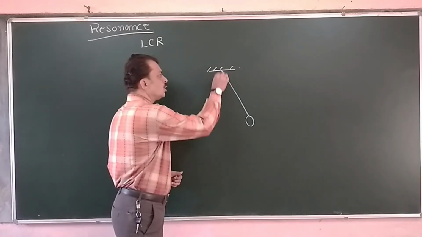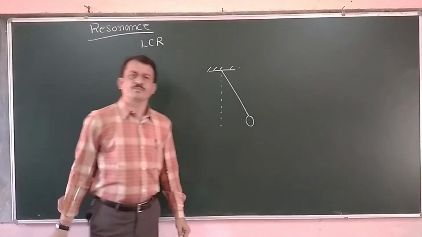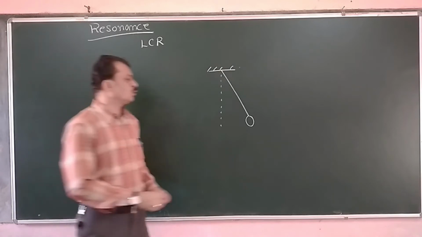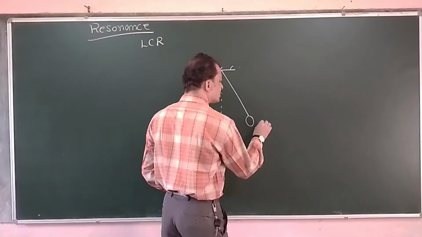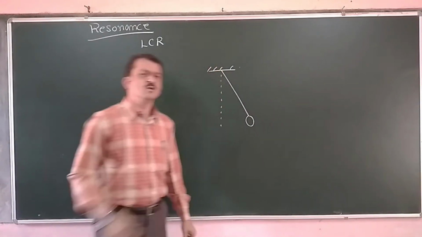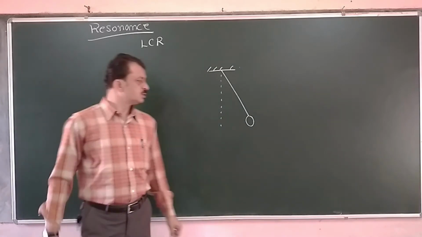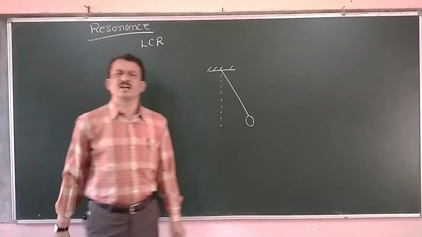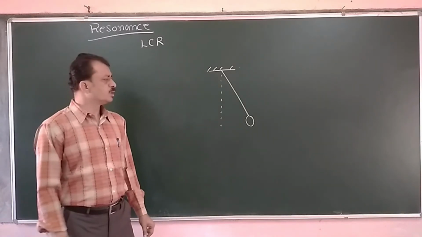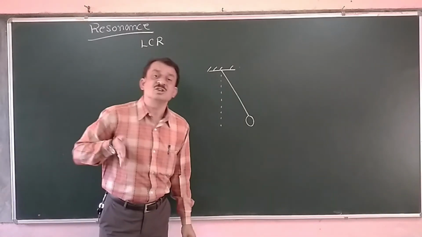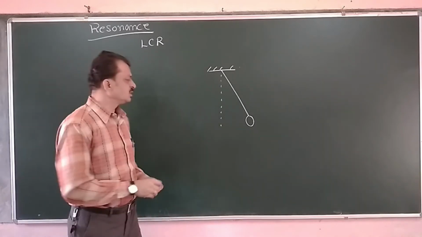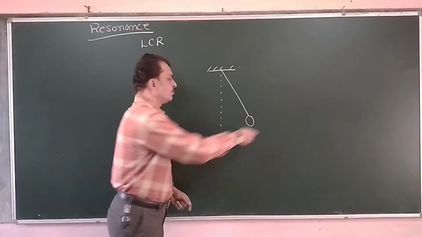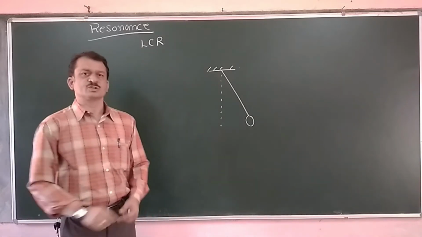Now in order to avoid this damping, what has to be done? One has to push this with an external force. Clear? A pendulum which is oscillating, its oscillation dies out after some time. In order to have a continuous oscillation, we have to push this pendulum with a certain force.